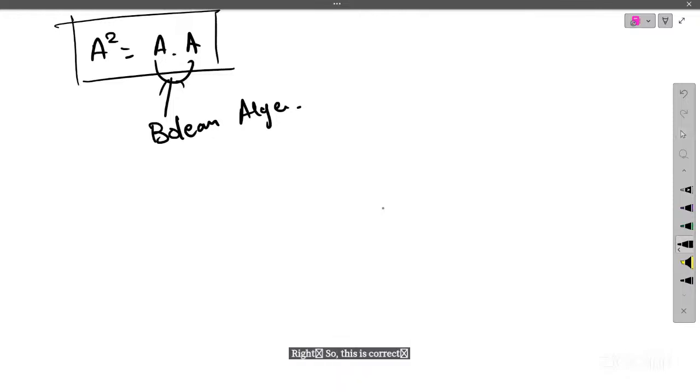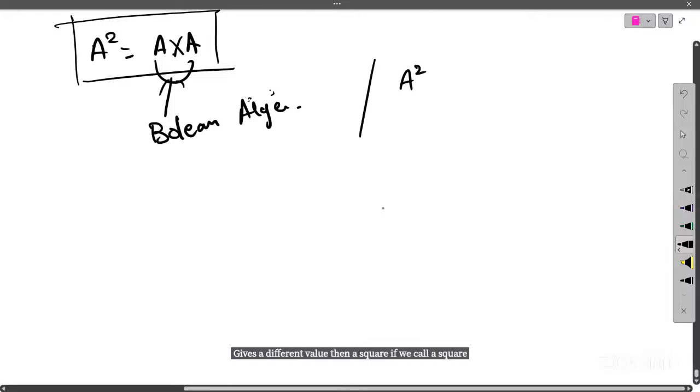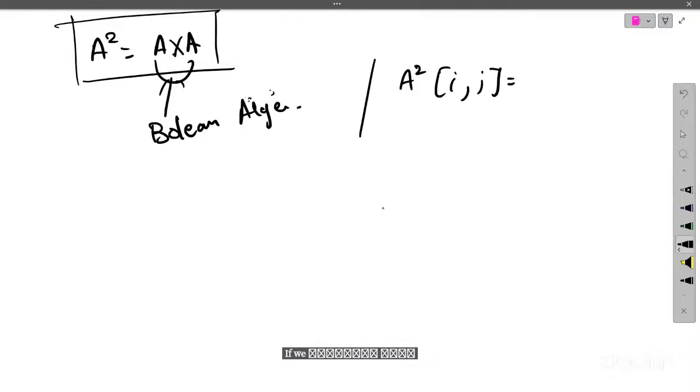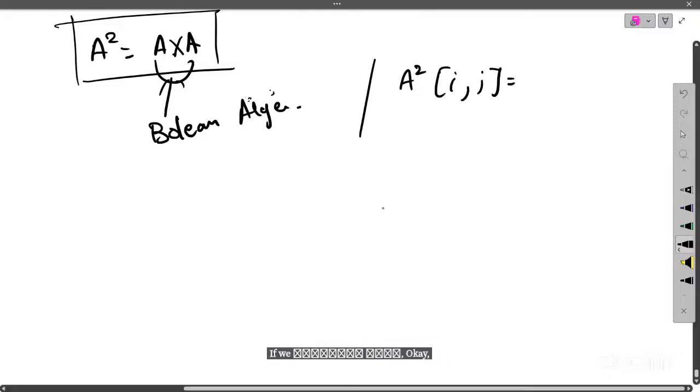Right. So this is correct though. But A cross A gives a different value than A square. If we take A square of i comma j, okay, but both things are same actually.